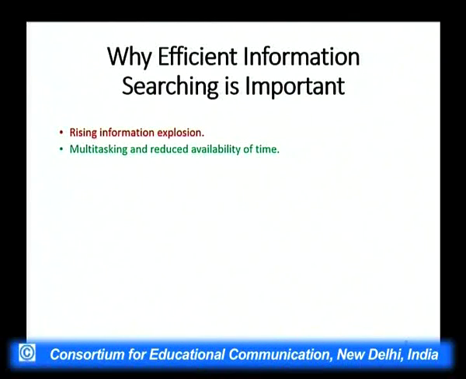The second one is multitasking and the reduced availability of time. As you see, the modern age has given us a lot of skills, and multitasking is one of them. We are now used to doing so many things together, like watching television, simultaneously checking our mobile phone for WhatsApp messages and other SMSs, and simultaneously reading newspapers also.